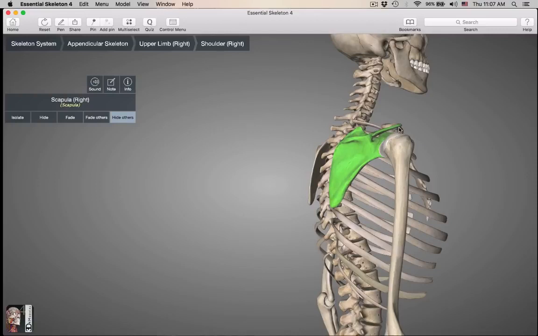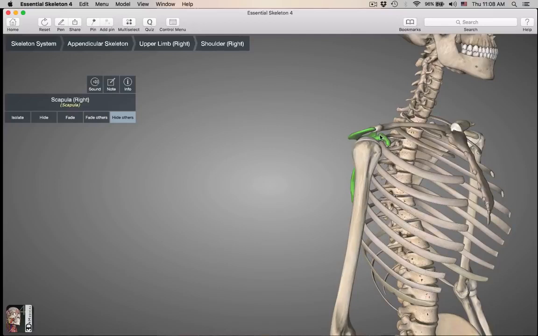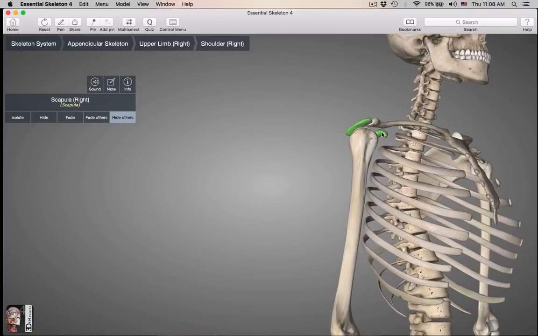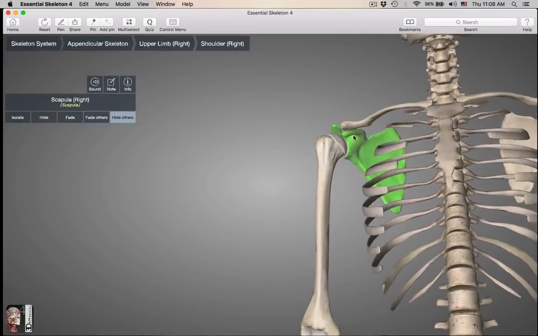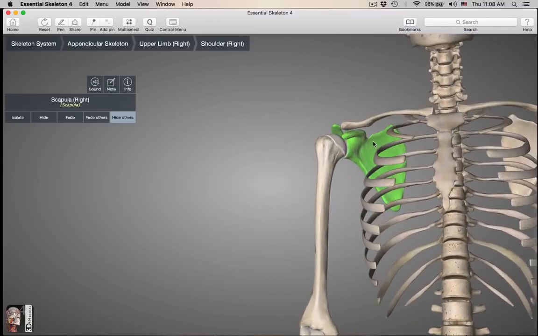Coracoid has the RA in there. That's going to go with your scapula. It has an A in there too. So the coracoid process is going to be this guy here. And the subscapular fossa is going to be on the anterior surface of the scapula. It's this region in here.